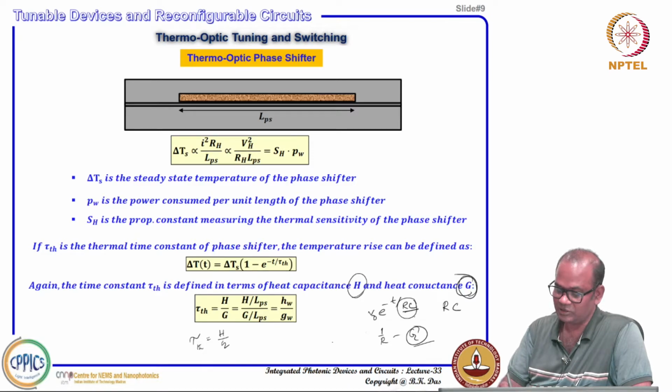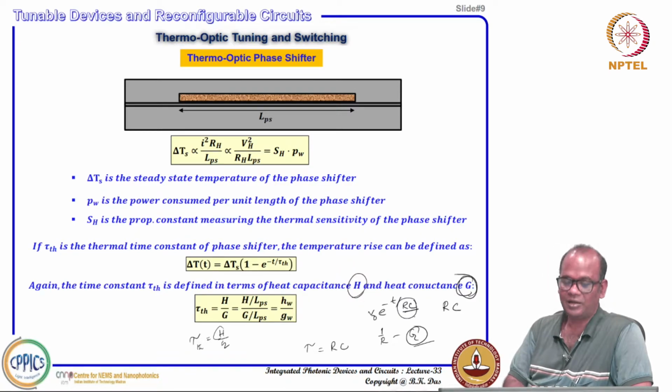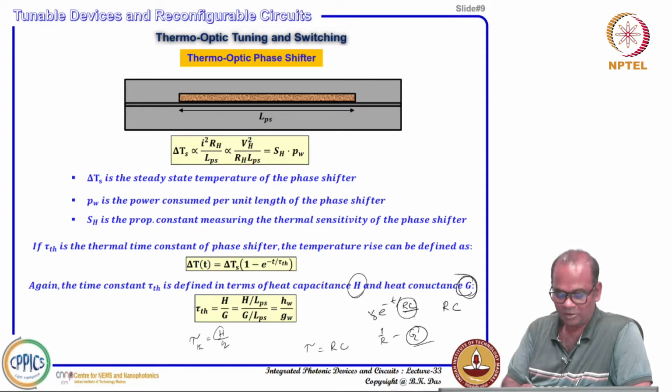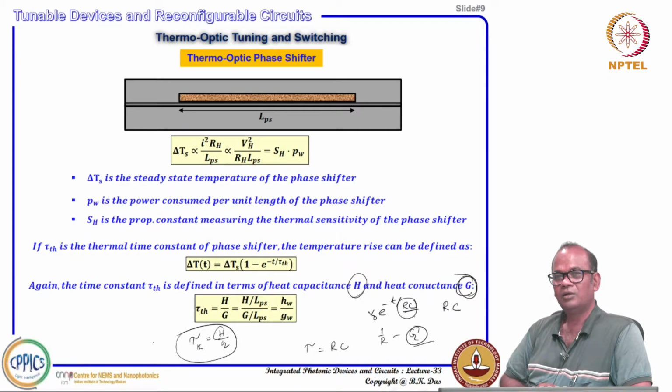So, it is like an RC. The time constant is normally tau equal to RC in an electrical circuit; here also it is similar. H is equivalent to C, thermal capacitance instead of electrical capacitance, and the inverse of thermal conductance is thermal resistance. So, you can define the thermal constant tau H equal to H by G.